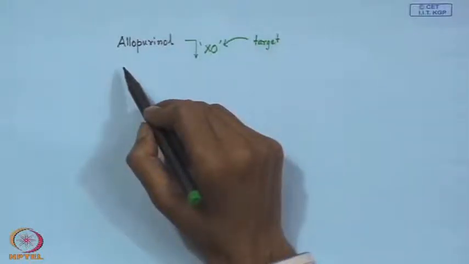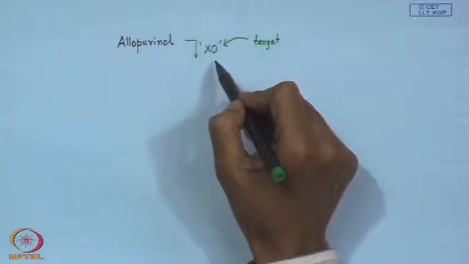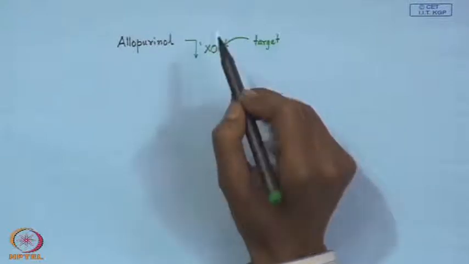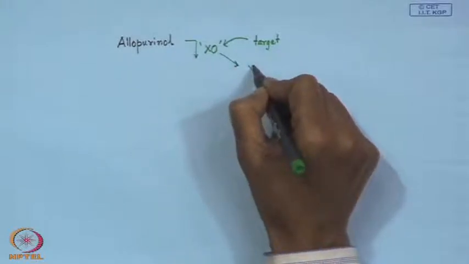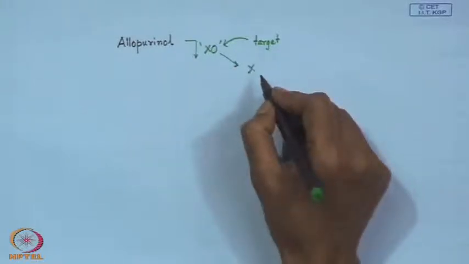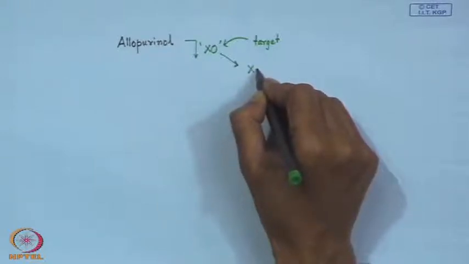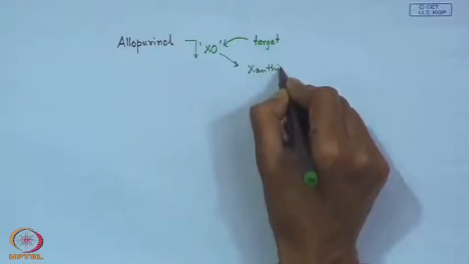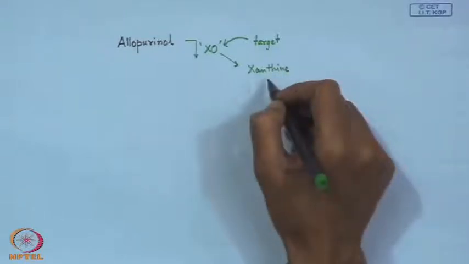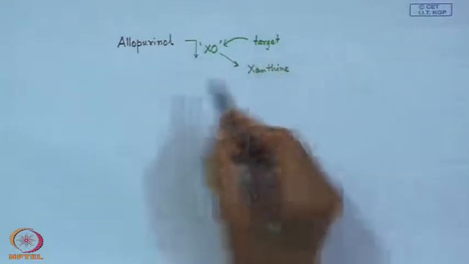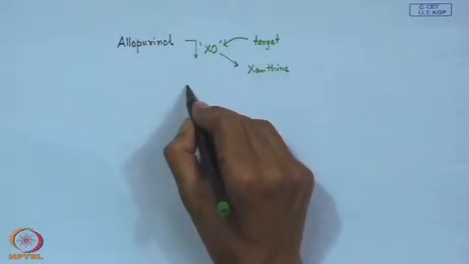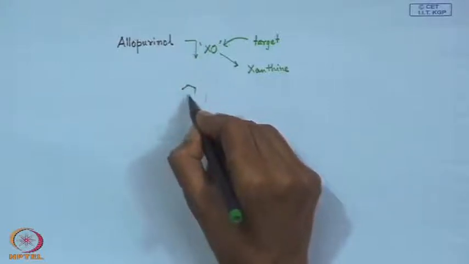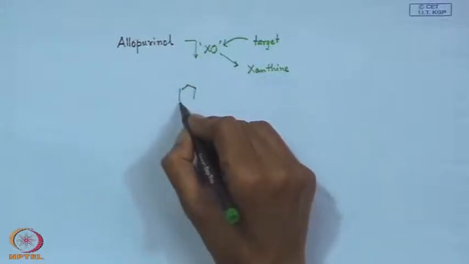So, allopurinol will come and bind to this particular system, and the xanthine oxidase, which can work on xanthine itself to oxidize it to uric acid, cannot work on xanthine, because instead of xanthine it can bind to allopurinol, and instead of oxidation of xanthine to uric acid, allopurinol will be oxidized to something else related to the same type of reaction.